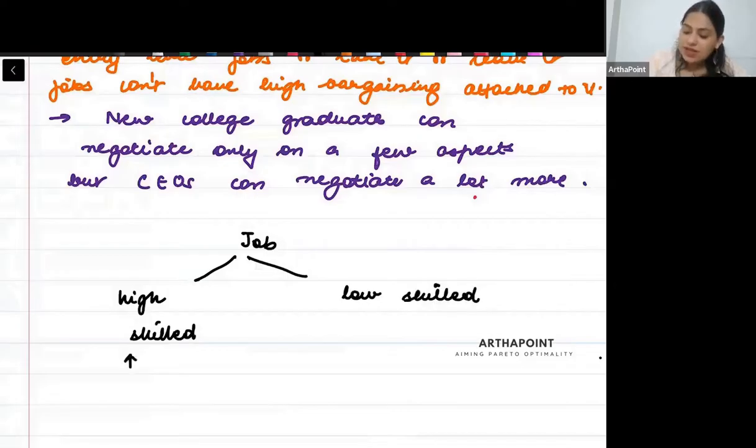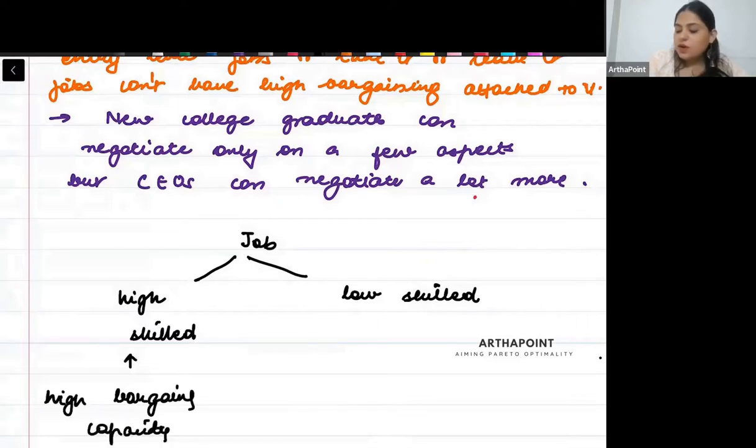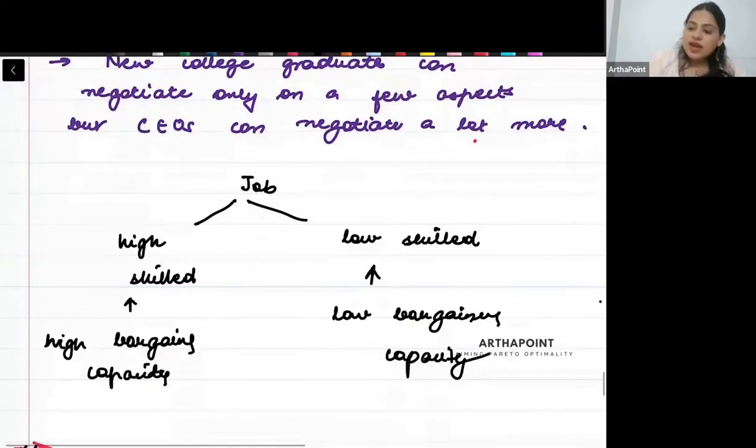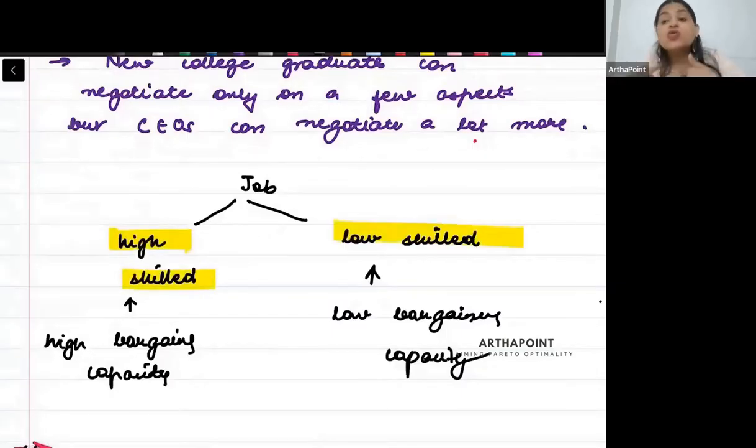And यहाँ आपने लिख दिया that this means you have high bargaining capacity and you have low bargaining capacity. Right? And you just highlight this. That adds to your answer.